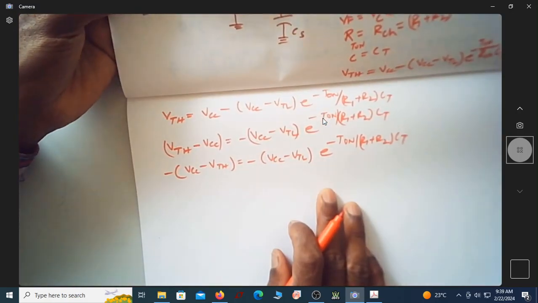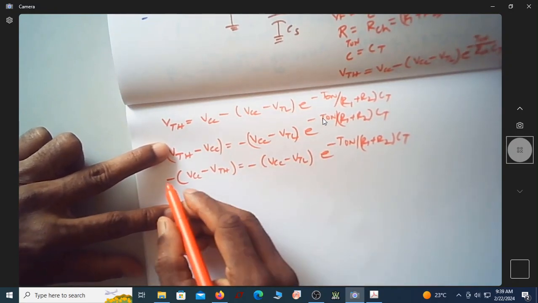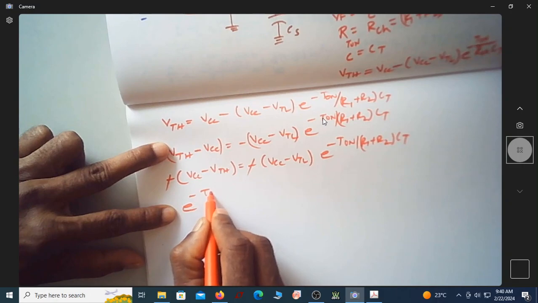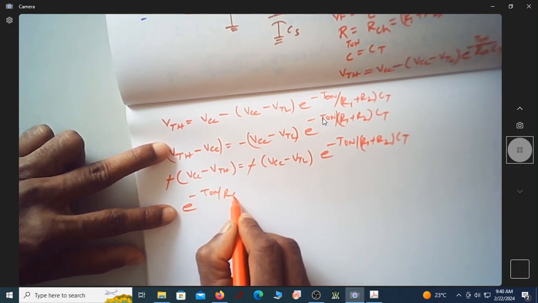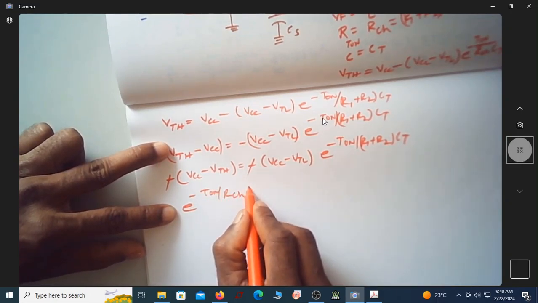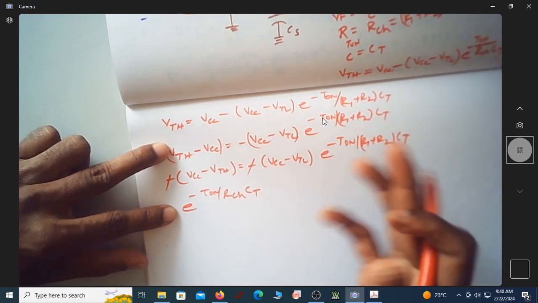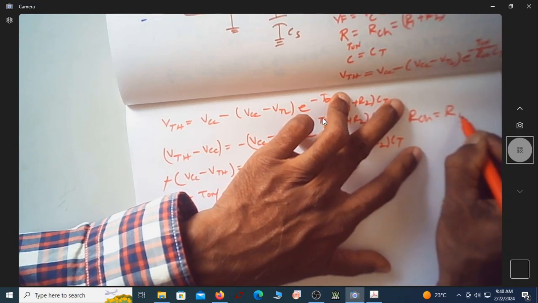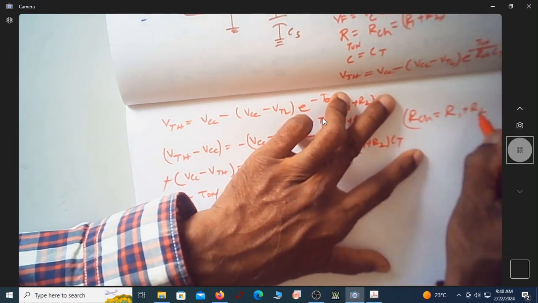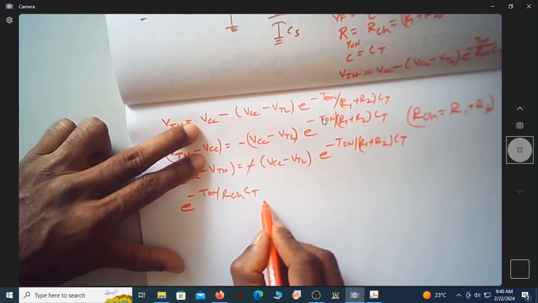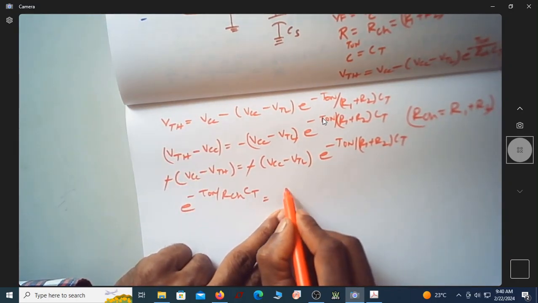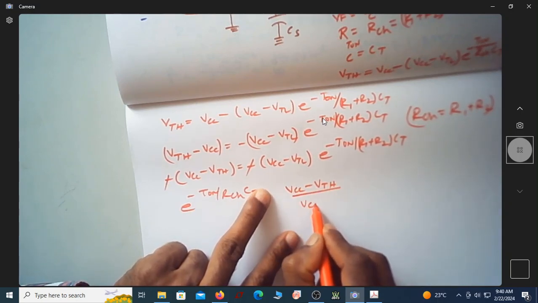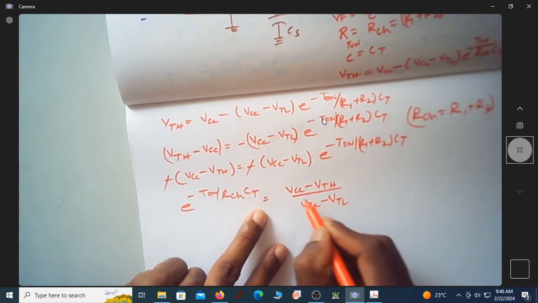Now I can simplify this. This minus will go off. Let me write e power minus T on by R charge, interchangeably, where R charge is actually R1 plus R2. Is this equal to VCC minus VTH by VCC minus VTL?